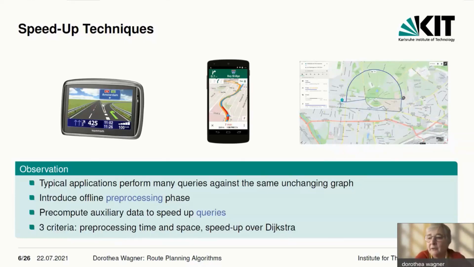But this is not practical because the preprocessing time for computing all pairs shortest paths is too large to be practicable, and even storing all shortest paths requires too much space in the scenarios we are interested in. So this is not really an option, but it's a nice exercise to think about this idea.